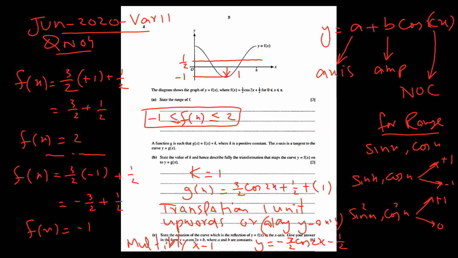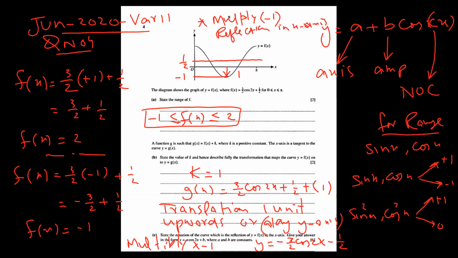So multiplying with -1 shows reflection in x-axis.